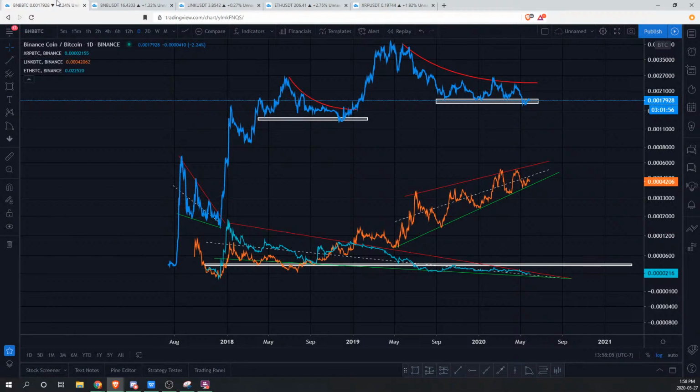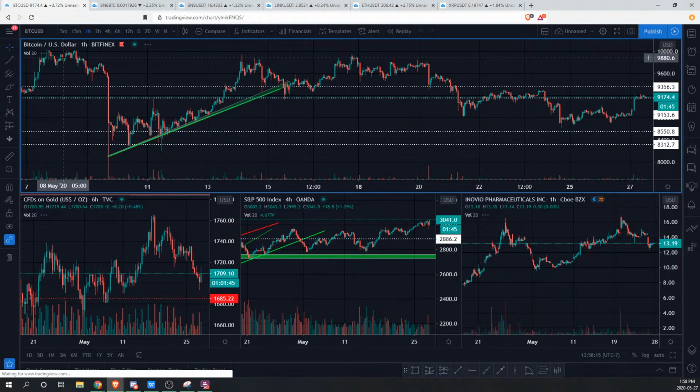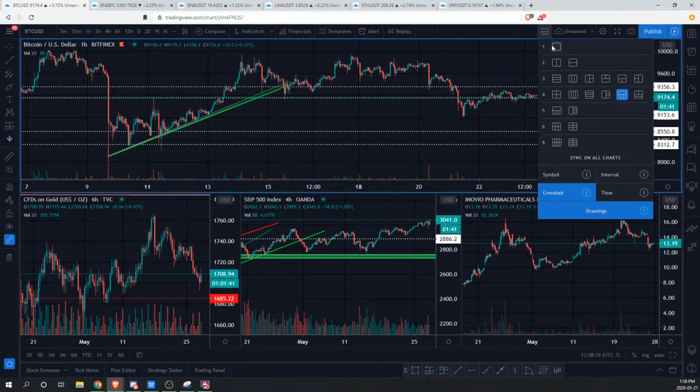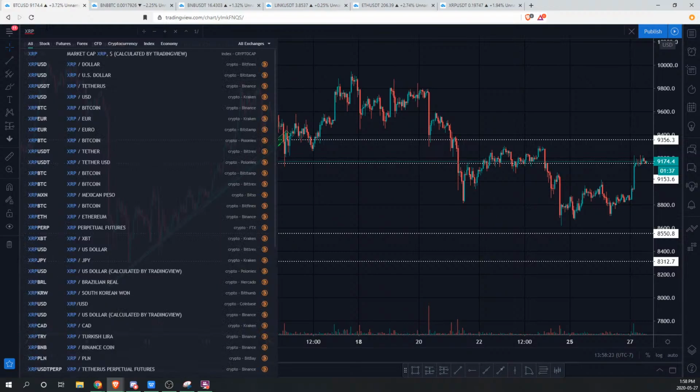But not only that, let's just open another one up here. Duplicate. And now we're going to look at some comparables for XRP. What's an alt? Shout it out, someone. What's an alt that you want to compare to XRP?